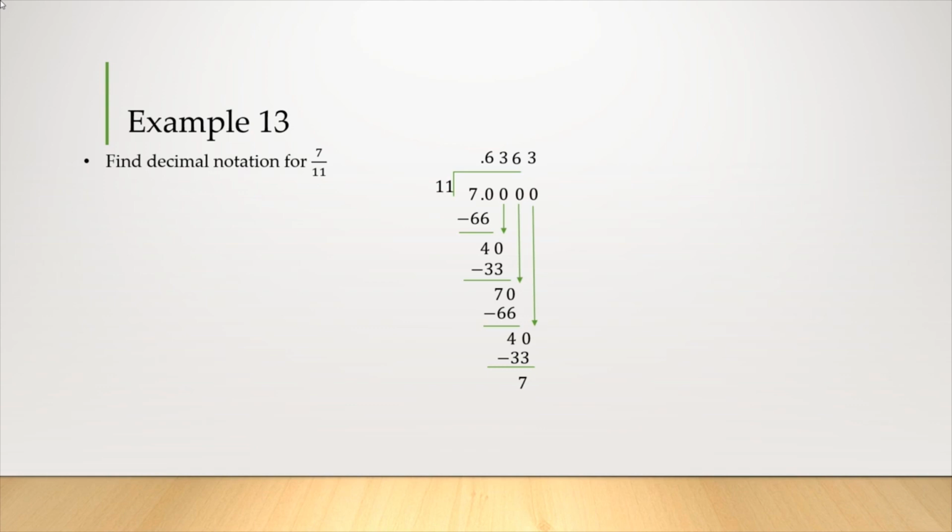When it starts repeating and you kind of get into a loop, you know that it's going to do the same thing over and over again. So you would stop and say, okay, this is a repeating decimal, and I can write it as 0.63 with a line over what repeats, which is 63. So it would be 0.63 repeating.